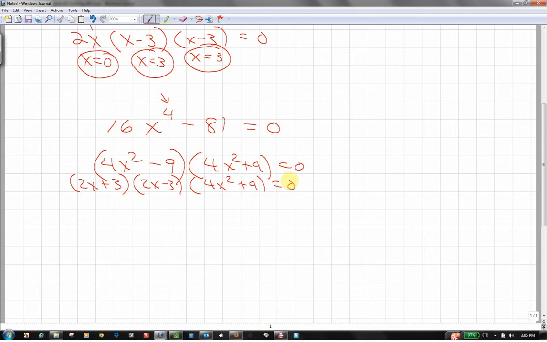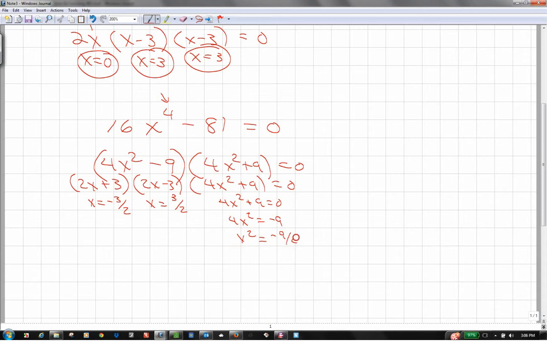So let's find out what my zeros are. For the 2x plus 3, that would be x is a negative 3 halves. For the 2x minus 3, that would be x is equal to a positive 3 halves. And for this piece here, I would start to be working on it. So I would say 4x squared plus 9 equal to 0. Then I would subtract 9. Now I would divide by 4.